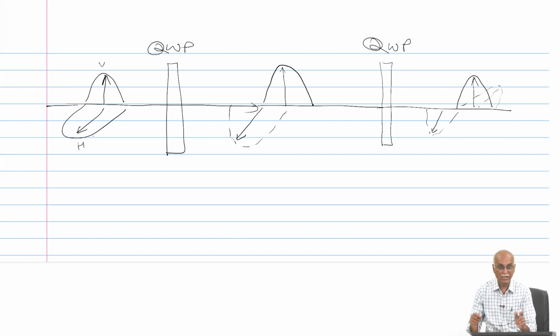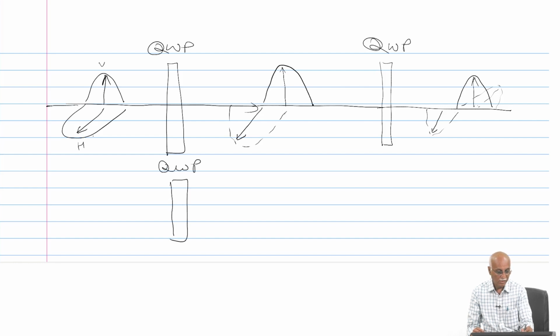Are you understanding? Now, the same thing, if I put the quarter wave plate as it is, and instead of going forward, I reverse this, this signal reverses, it comes through like this. What will happen? The fast axis will move fast.